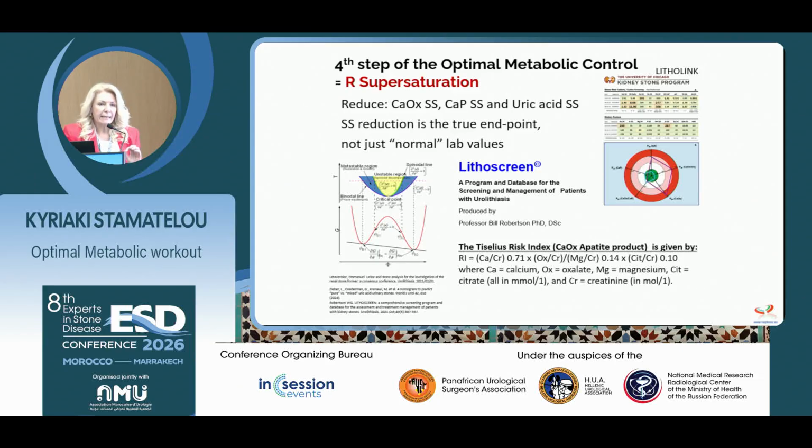This is the next step of the optimal metabolic control, and it is the calculation of supersaturation. There are many tools, there are many ways to do it. And all the stone clinics do have some way to calculate supersaturation. We are interested in calculating all supersaturations, not just calcium oxalate.